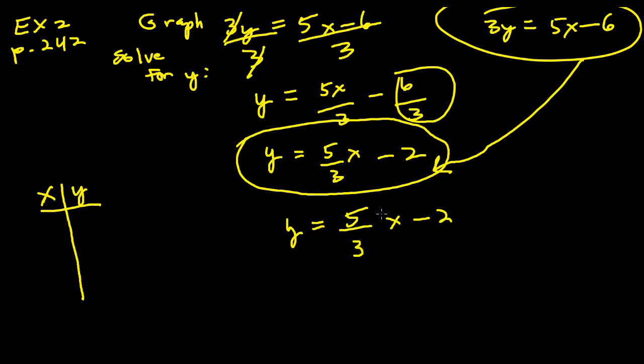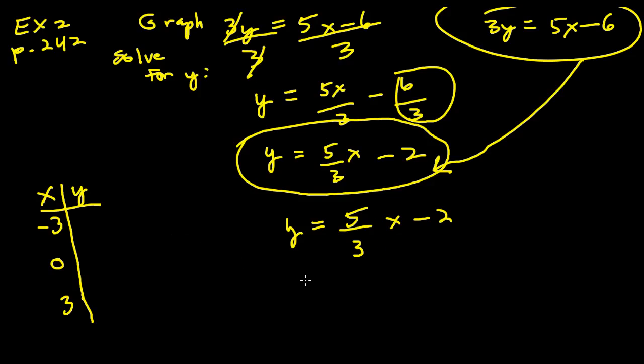If I pick my x values as multiples of 3, then they'll be canceling out with this denominator, and I'll have corresponding whole number coordinates for y as well. All right, so let me pick whole multiples of 3 to sub in for x. And my favorite multiples of 3 are going to be 0, 3, and minus 3. Remember, 0 is a multiple of everything, right?